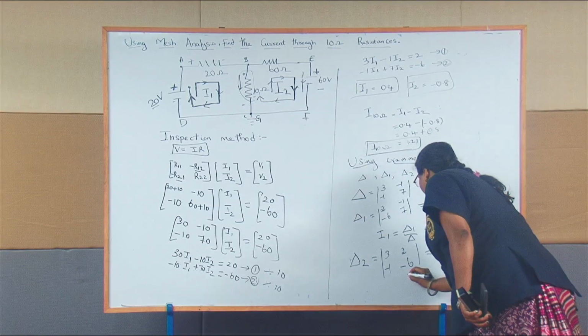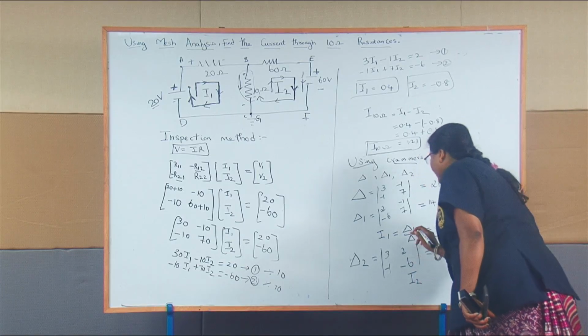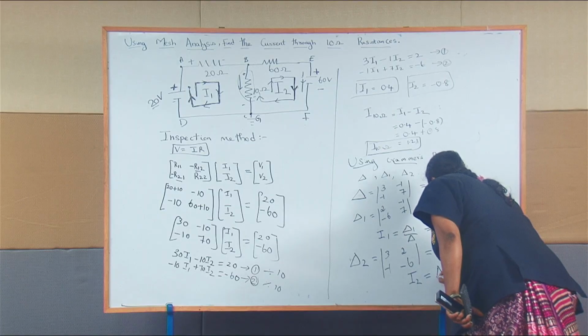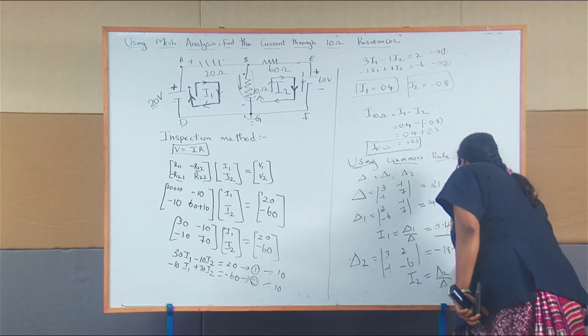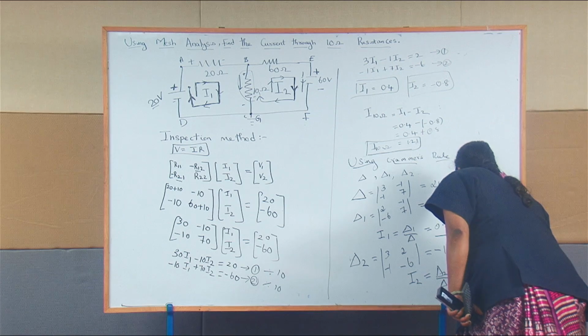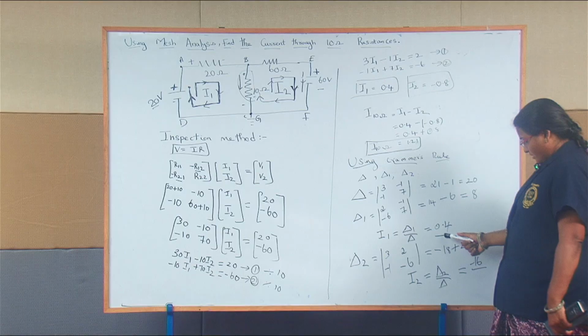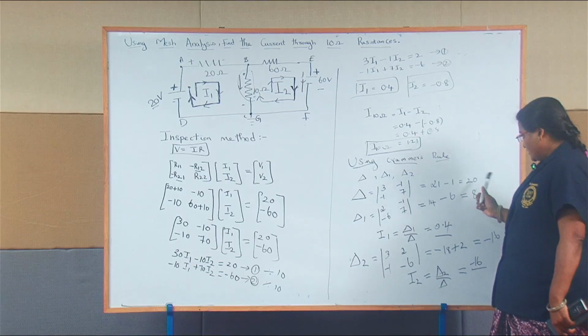So for I2 you need del 2 by del. So I2 equals del 2 by del. Del 2 is minus 16 divided by del, del is 20.